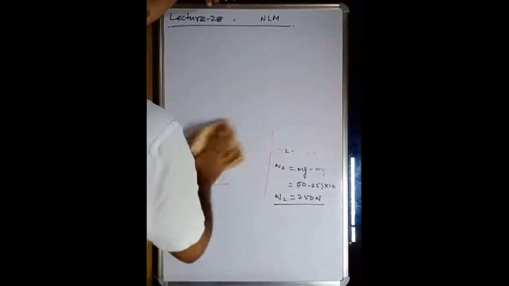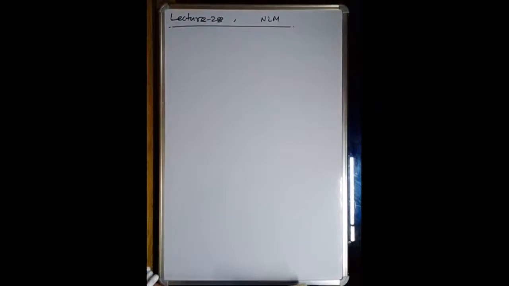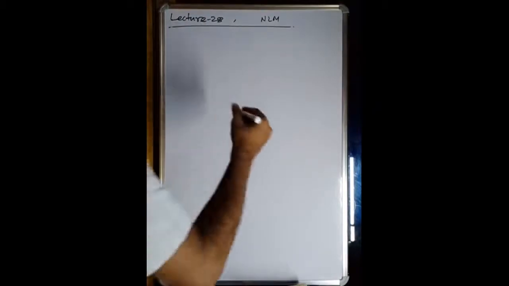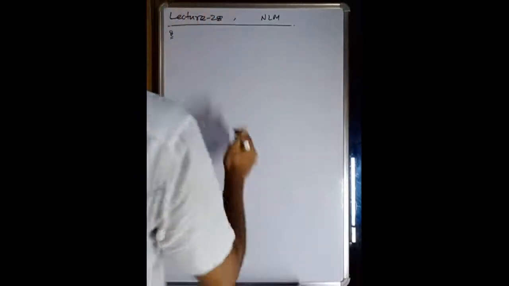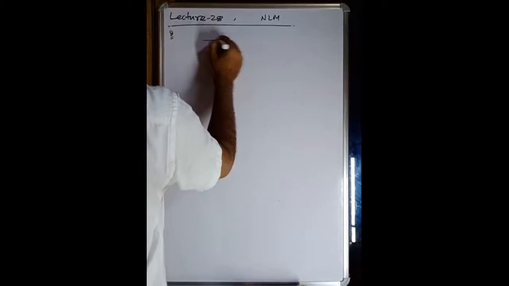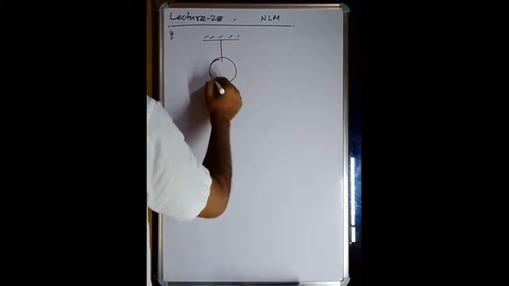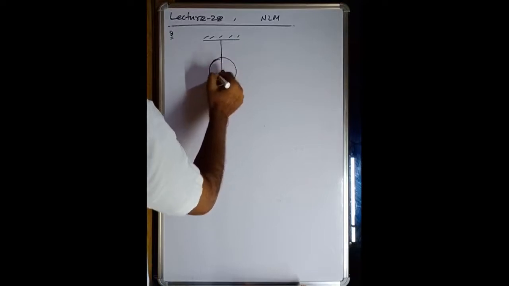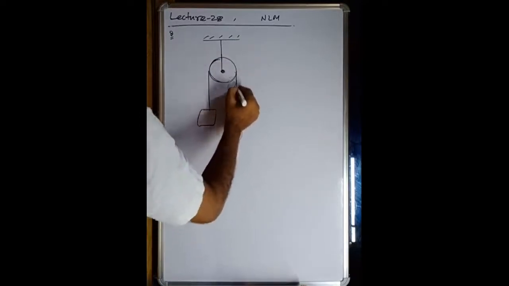The next question. Now, this is the pulley, and the two blocks are given.